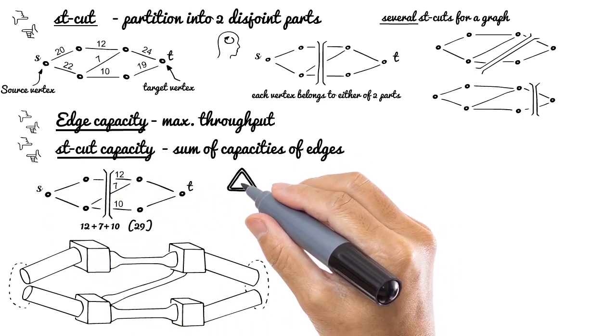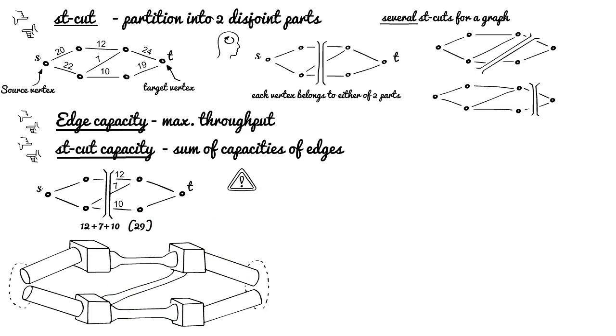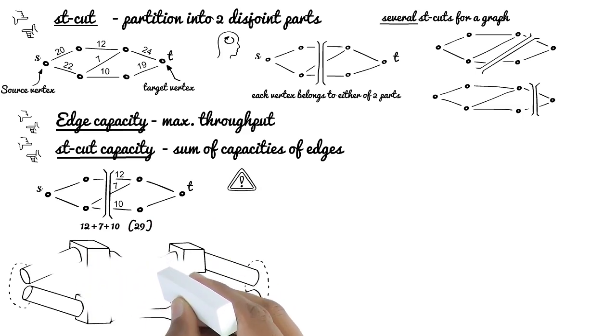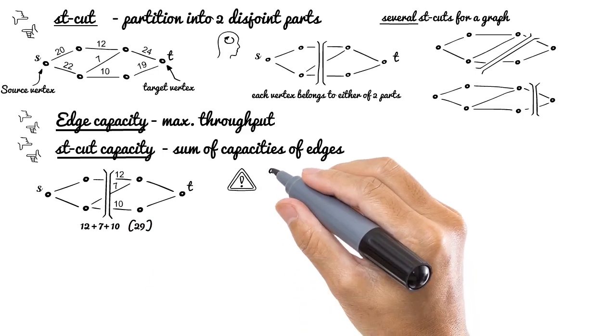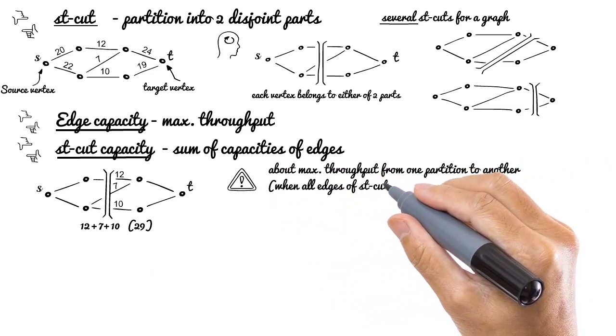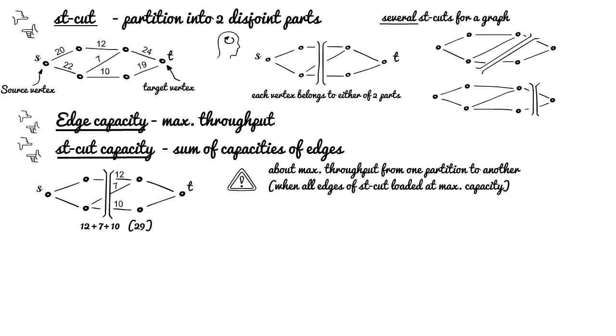Important thing here is, for an ST cut, you may have more than one edge between both partitions, and ST cut capacity actually tells about maximum throughput from one partition to another one, which can be reached when all edges between both partitions are loaded at a maximum of their capacity.